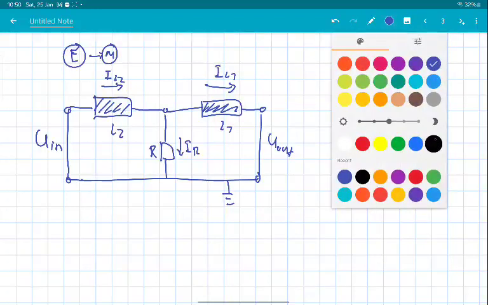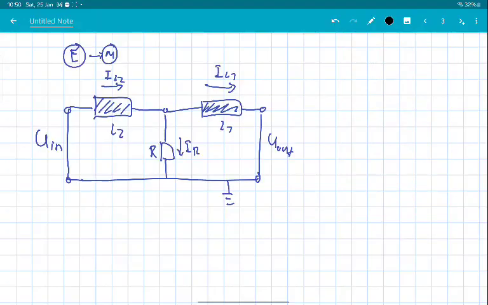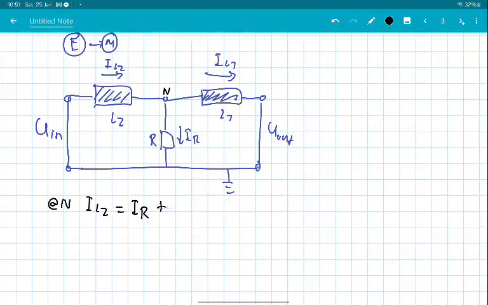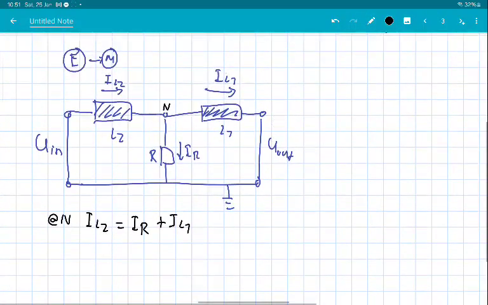So given this alone, we can try to make the mechanical equivalent. We know at this point we call it a node. At N, we say IL2 is equal to IR plus IL1. And let's call this node 1, and at node 2, node 3.